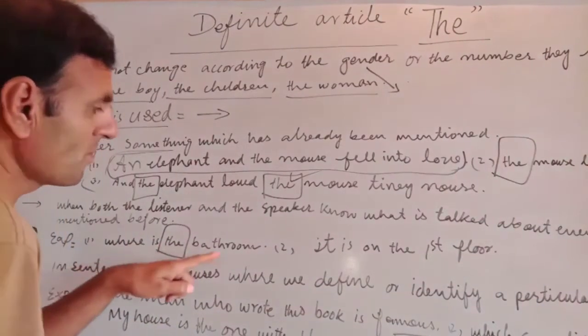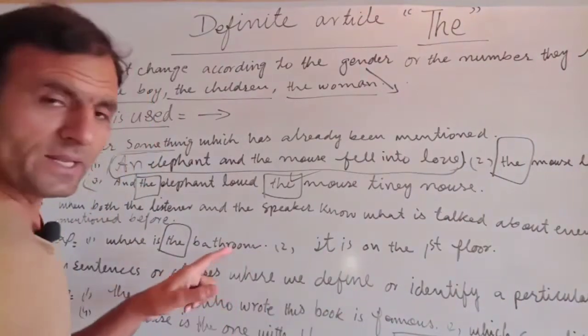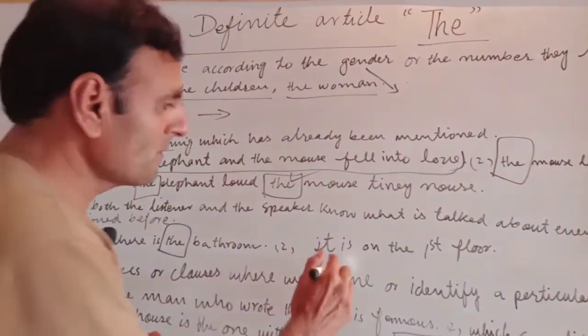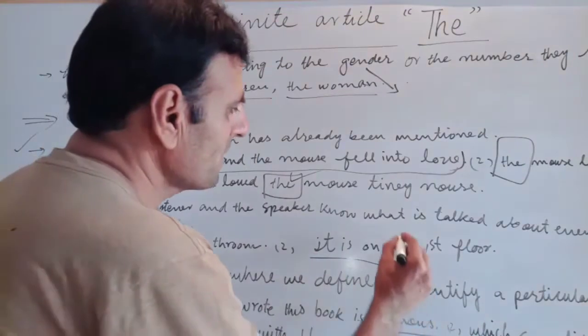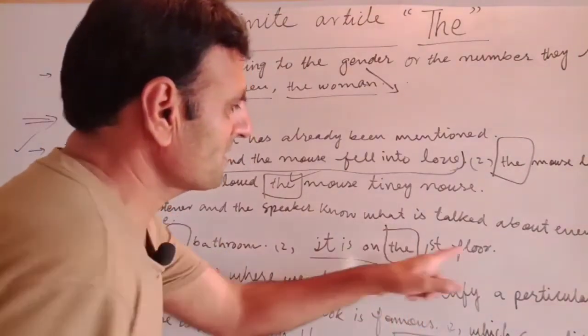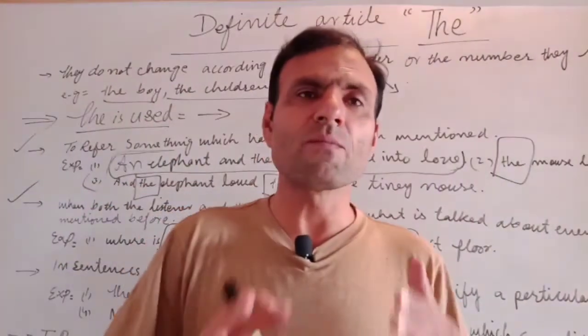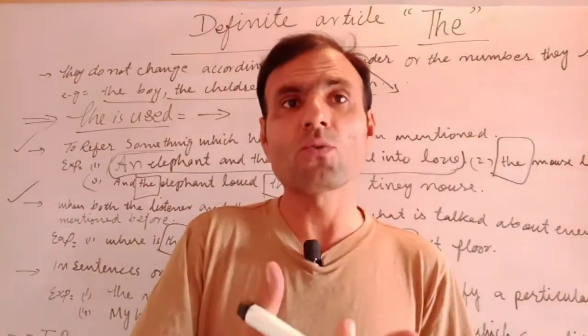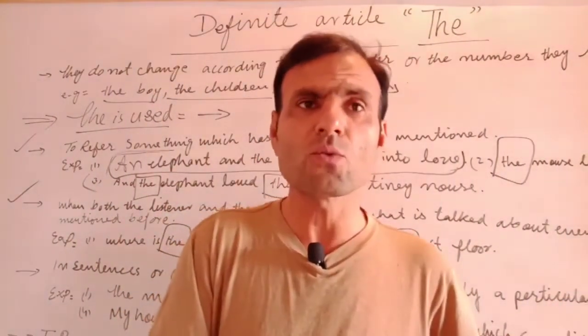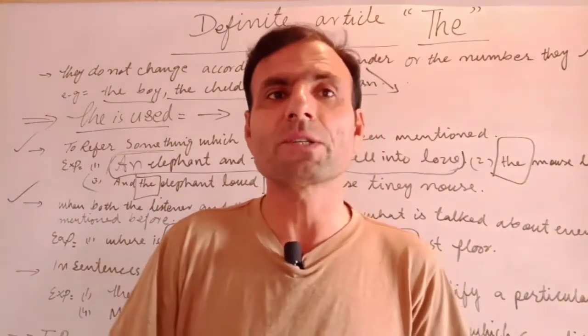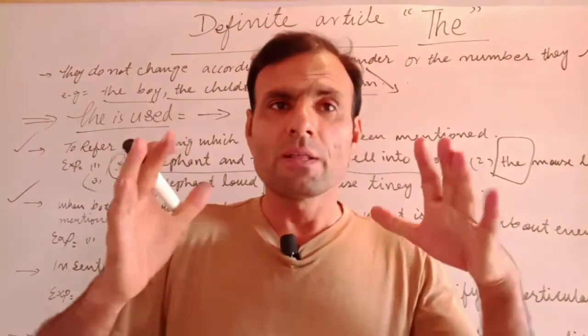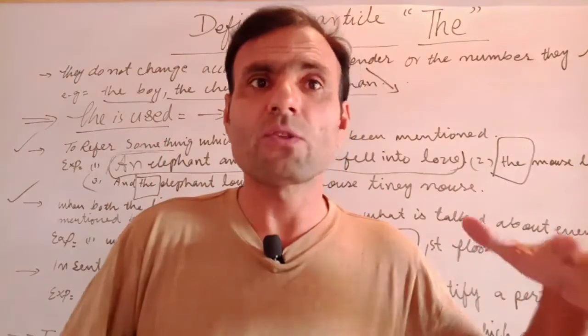Where is the bathroom? This man is getting information about the bathroom. So this one says, it's on the first floor, because both of them know about the bathroom. One is asking about the bathroom, the other is giving the information about where the bathroom is.